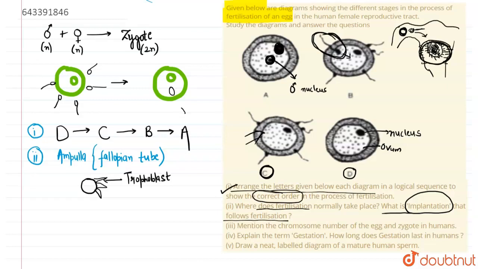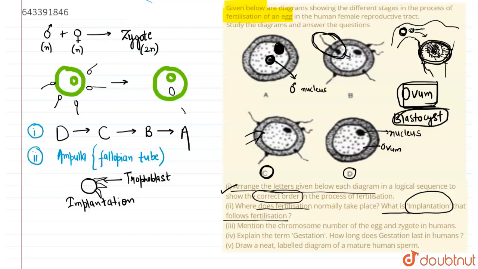Now it is not an ovum, it is known as a blastocyst. So this process of attachment of the blastocyst to the uterus is known as implantation. All right.